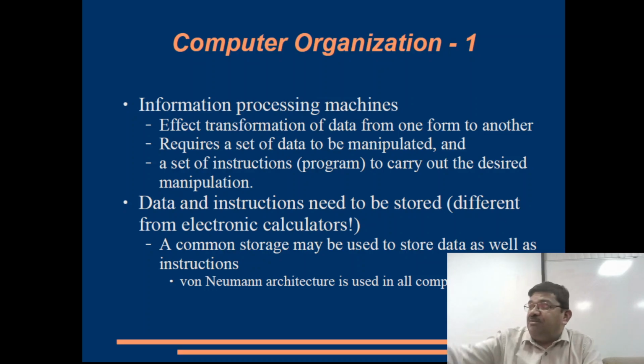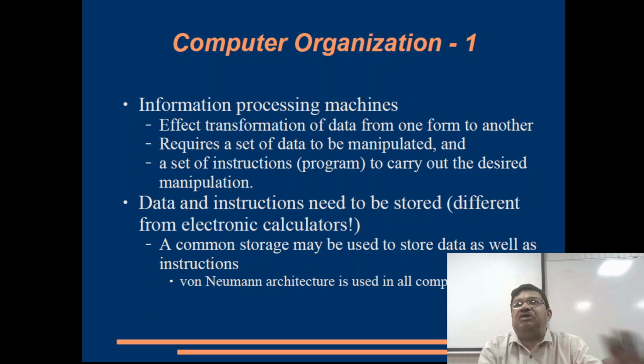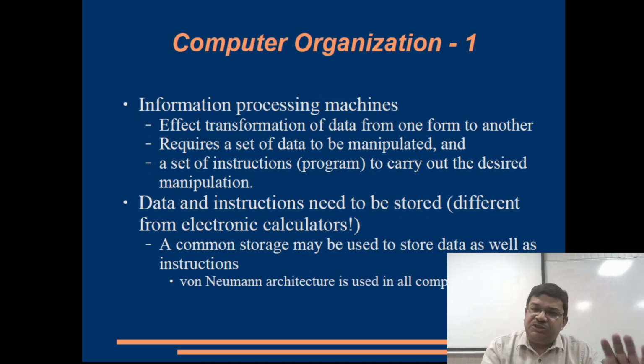For example, the computer that we have here, we can make it do anything that we want. So it's a general purpose computer. It is not designed for any particular use as such. There are special purpose computers which are designed to do only one sort of thing. Sometimes those computers work in analog form.